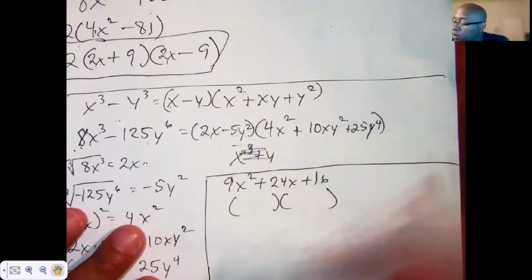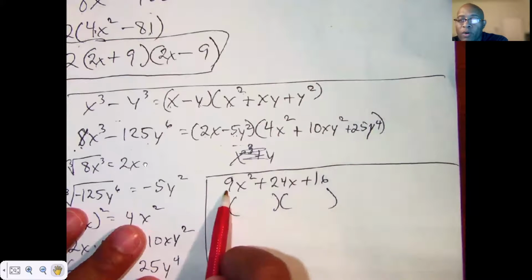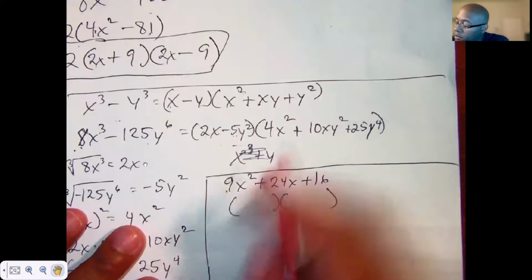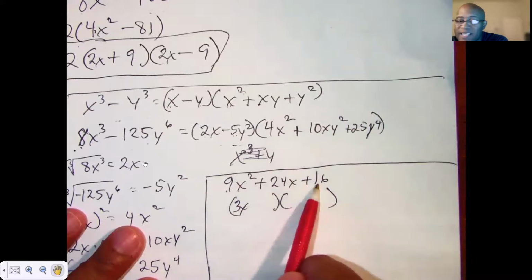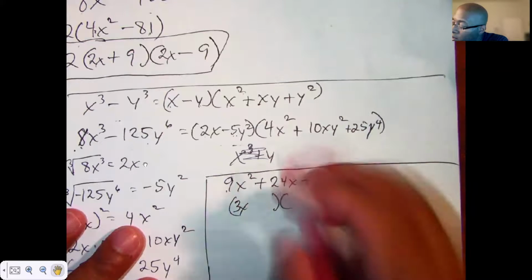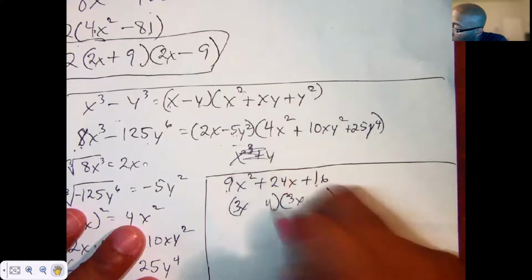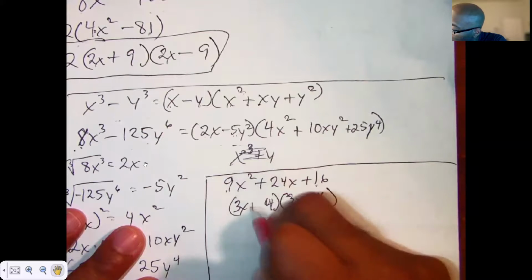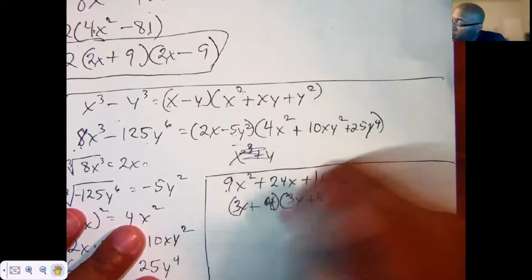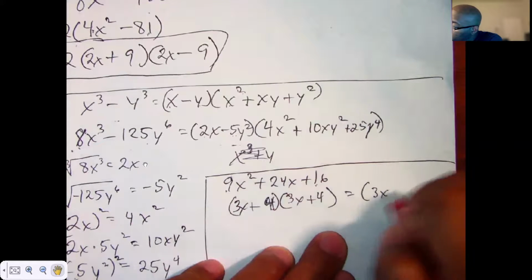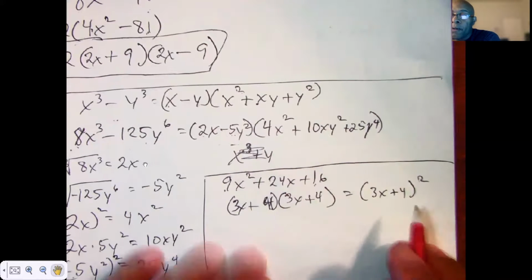Look at 9. What number times itself gives you 9? 3. In this case, 3x. 16. What number times itself gives you 16? 4. That's your answer. It's factored. So this is 3x plus 4 to the second power.